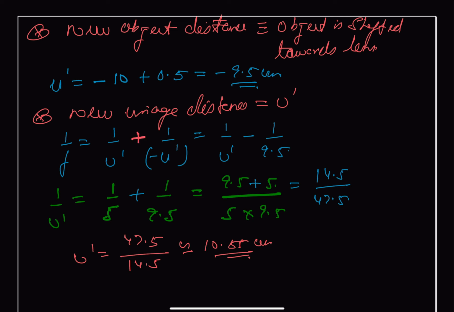This is a plus, this comes minus, and we have this as... sorry. So this is minus, this will be plus, and now v prime, this is minus.